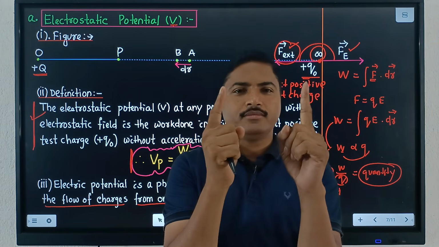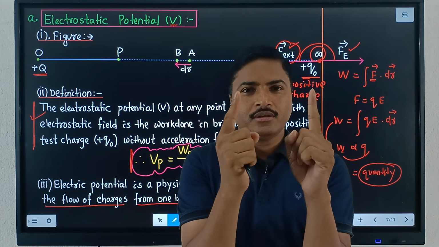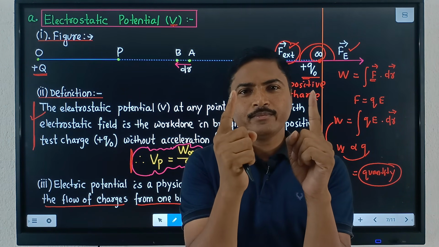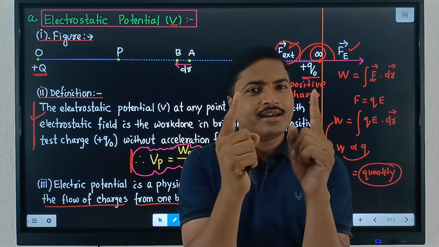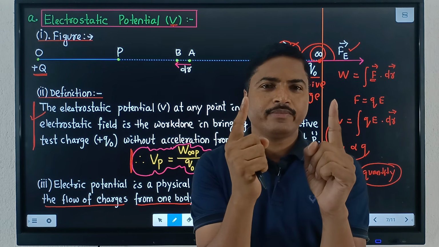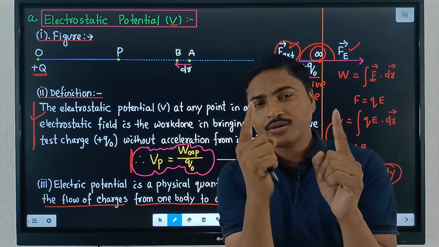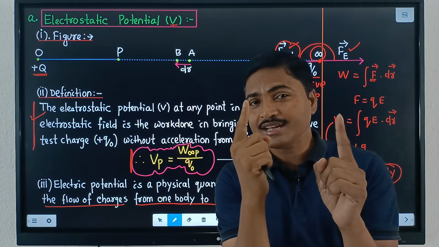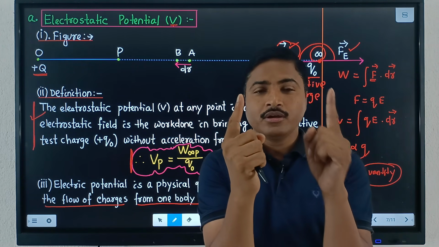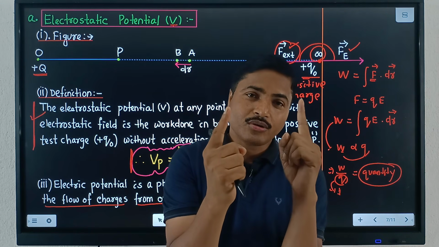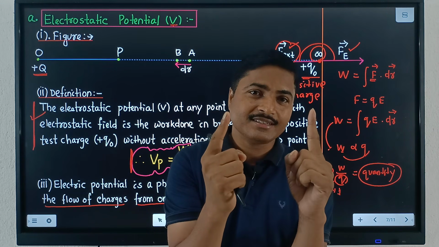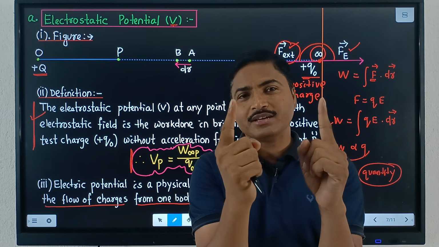Suppose you take two bodies. One is at higher potential and another is at lower potential. Higher potential means the concentration of positive charges is more. Lower potential means the concentration of positive charges is less as compared to the first one.